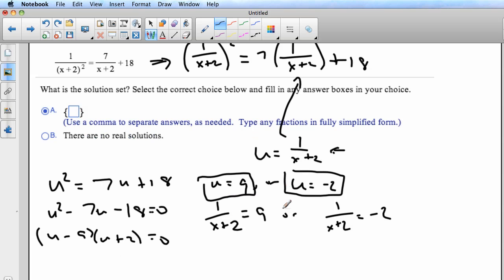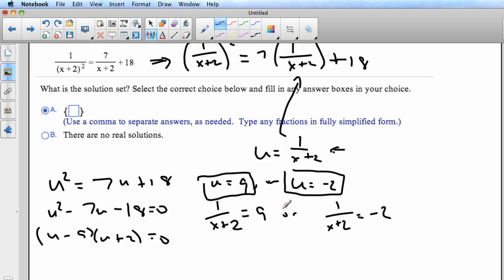Now each of these two equations that I have written here are not too bad to solve. In each case I'm going to solve them the same way. I'm going to multiply both sides by x plus 2. So this first equation, if I multiply both sides by x plus 2, turns into 1 is equal to 9 times x plus 2.